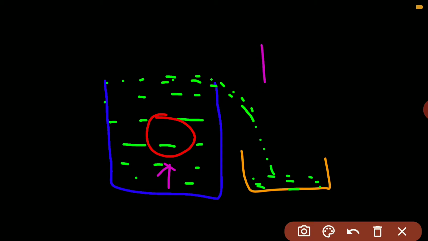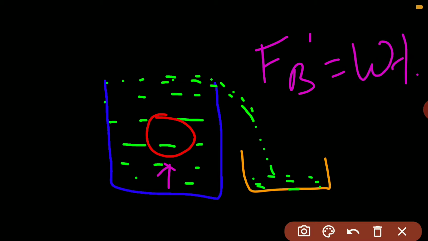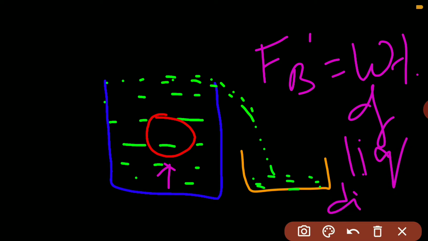That upthrust, whatever it is experiencing right now, should be equal to the weight of the liquid displaced. So this liquid here, if I can find the weight of this liquid, that will give me the value of the upthrust. Now the question comes, how? That we are about to prove. I hope you understood the concept. Okay, let us try to understand the proof now.